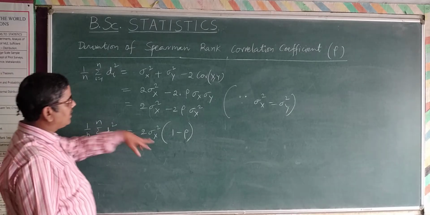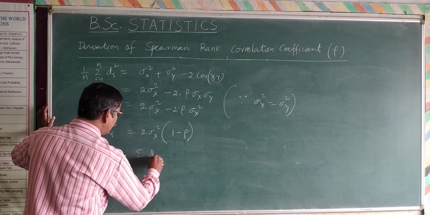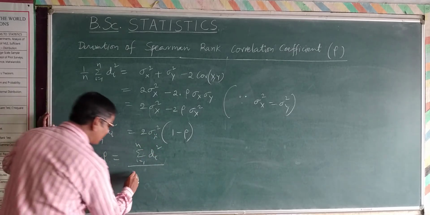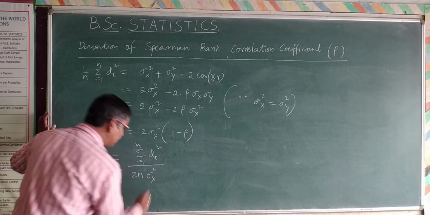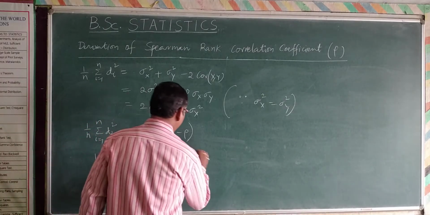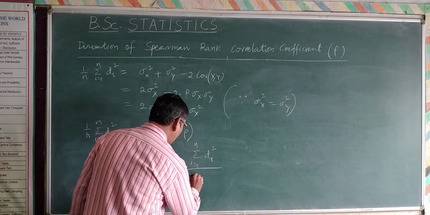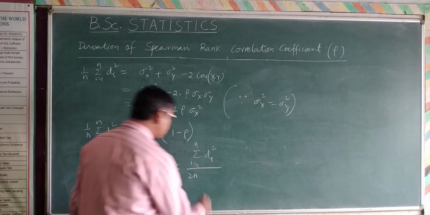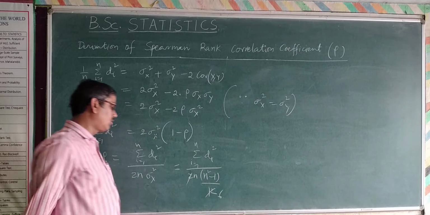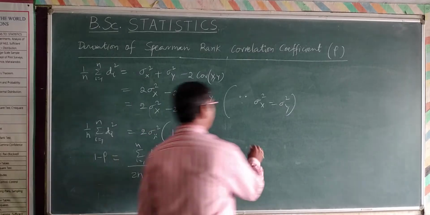So when I calculate 1 minus rho, 1 minus rho becomes summation di square, i is equal to 1 to n, divided by 2 into n into sigma square x. So it is equivalent to summation di square divided by 2n into what is sigma square x? n square minus 1 by 12. We can cancel out 2, 6s are 12, so 6 we can take in the numerator.